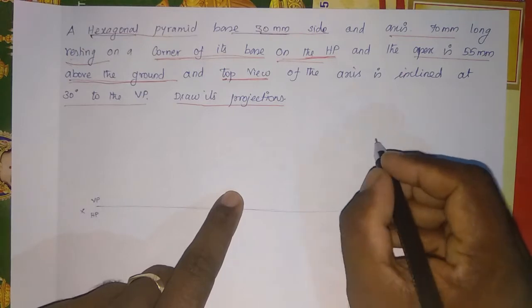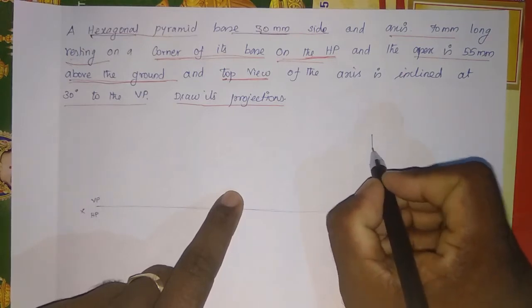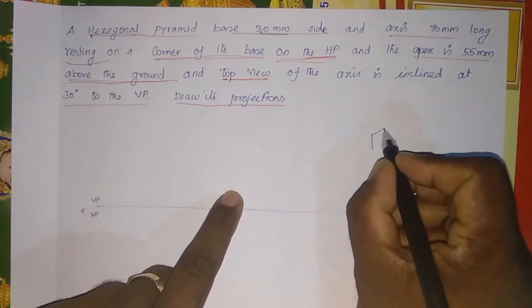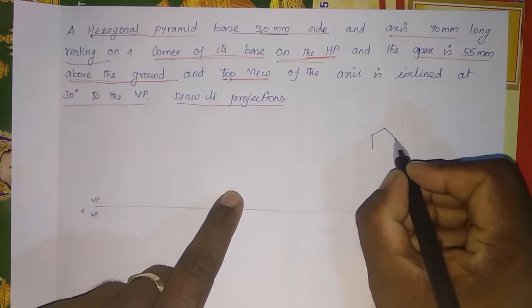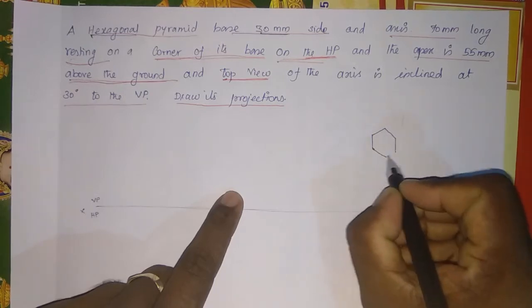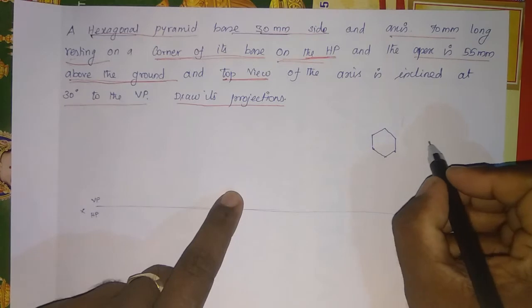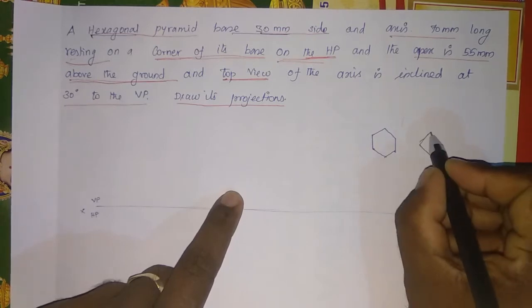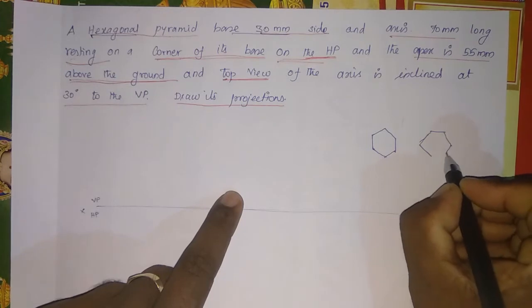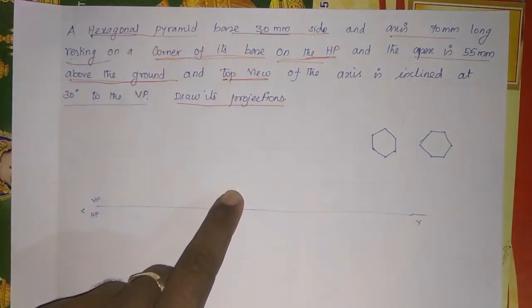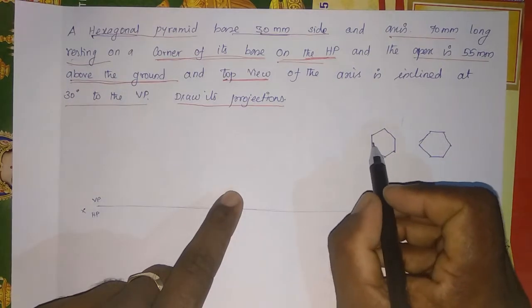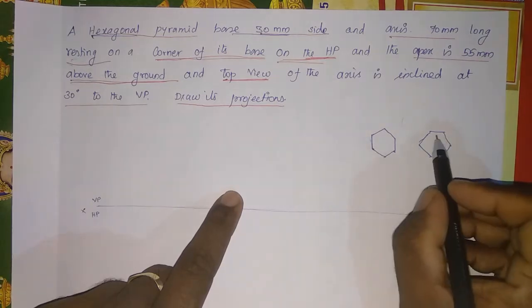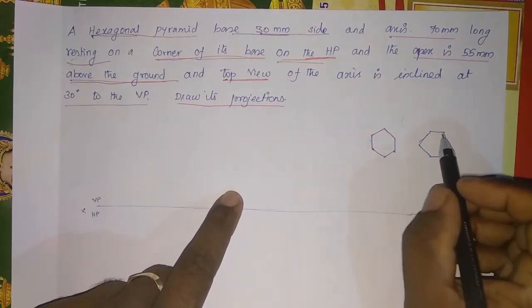One is like this, and another one is like this. Both are hexagons. Two conditions are there: one edge is perpendicular to the VP, and the other is parallel to the VP.